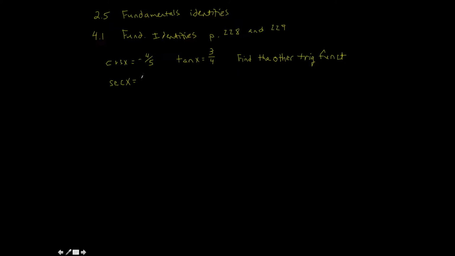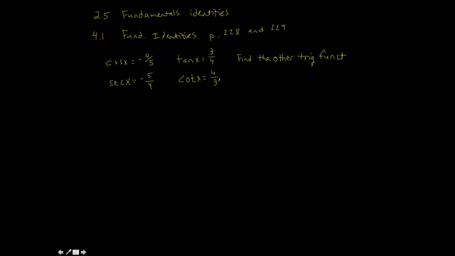So secant is going to be negative 5/4. Cotangent, on the other hand, is the reciprocal of tangent, 1 over tangent, so it's going to be 4/3. So we've got 4 of the 6 already. We just have to find sine and cosecant.